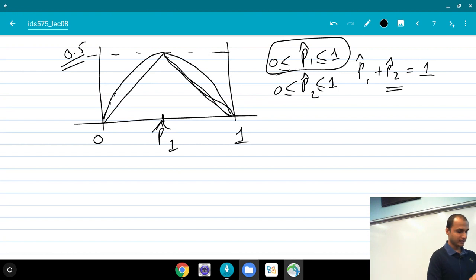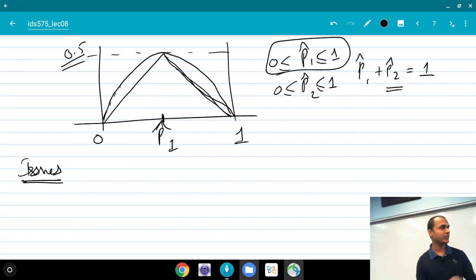So next we'll get into issues with trees. Trees are good, especially for continuous features. It's a good nonlinear model.